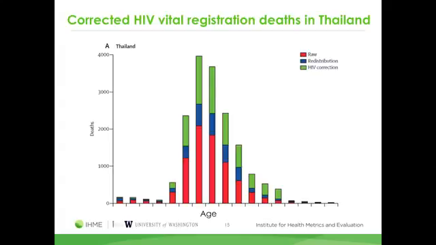We reassign those deaths, and here's what happens, for example, in Thailand, where the directly coded HIV deaths are in red, and then these reassignments are in blue and green using different algorithms. In some places like Russia, the vast majority of HIV deaths appear to be misassigned, and therefore this reassignment algorithm matters quite a lot for increasing the number of deaths as estimated in vital registration.